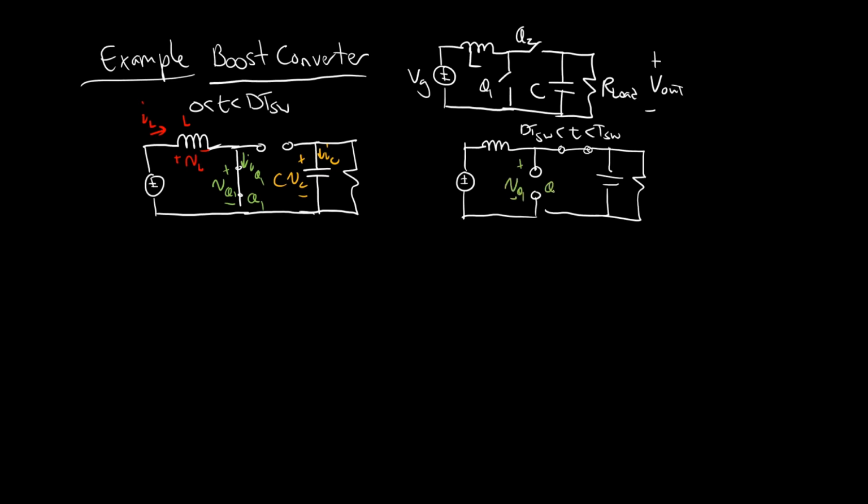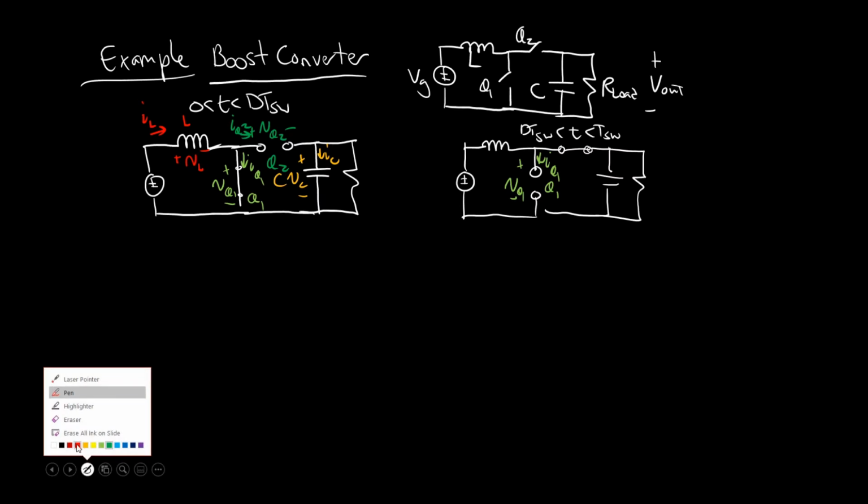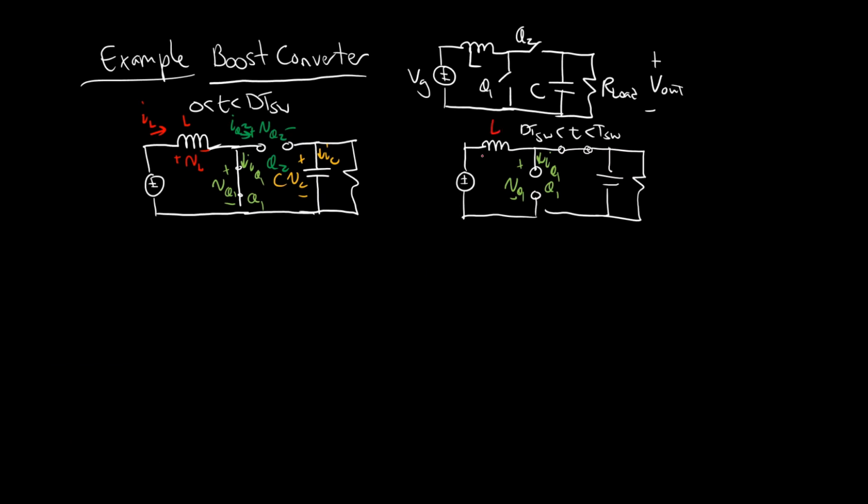Maybe this is where it's more relevant for this particular device. And we have Q2. We have the voltage across Q2 and the current through Q2. And again, everything is over here as well. It's the same circuit, just drawn at a different time interval.